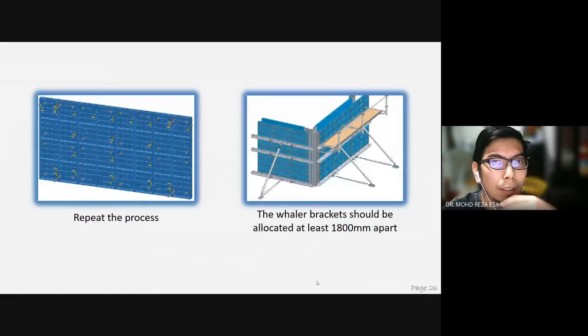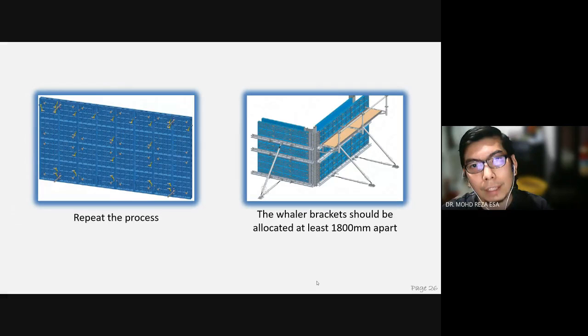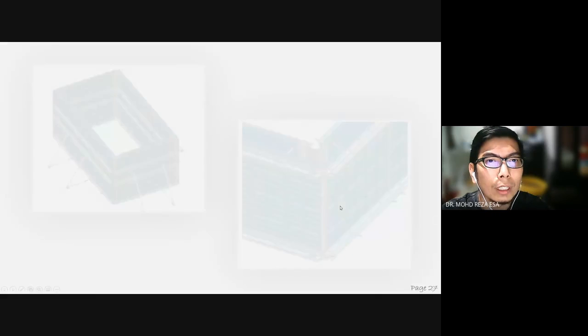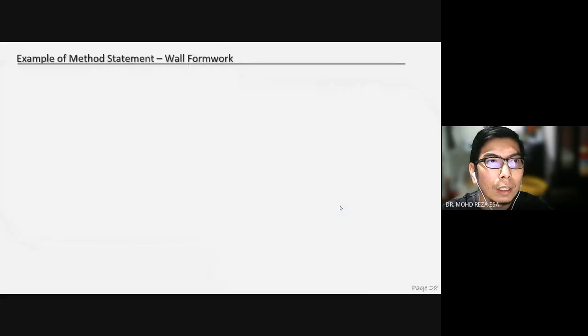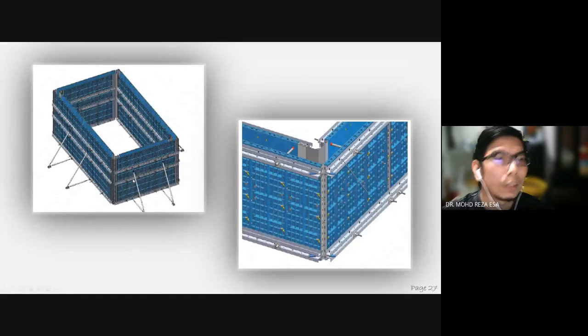And then kita akan repeat the process. Okay, bila kita siap pasang one side of the wall, kita pasang sebelah dia, satu side of the wall. Okay, dan kita pasang weller brackets tadi yang kat end ni, kat edges dia ni, penghujung dia ni tadi. Okay, and then propping, barulah kita buat concreting lah.